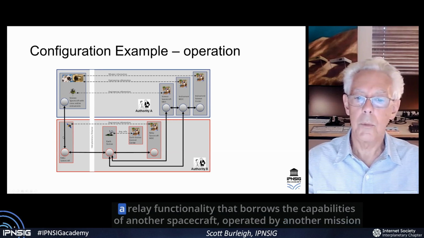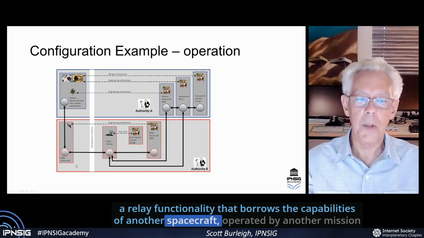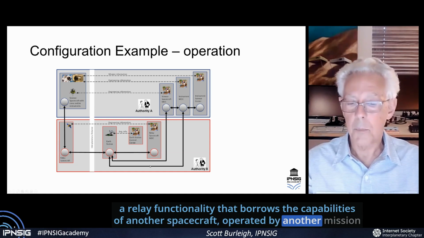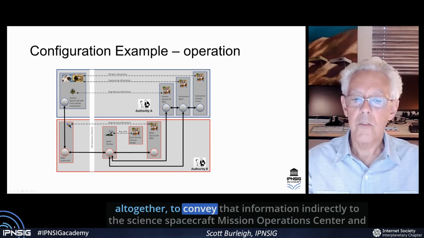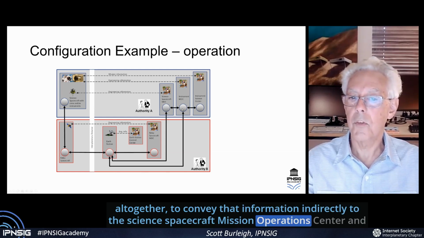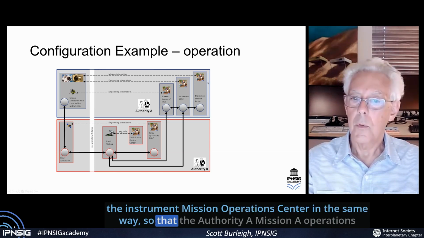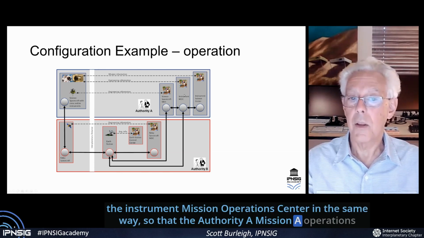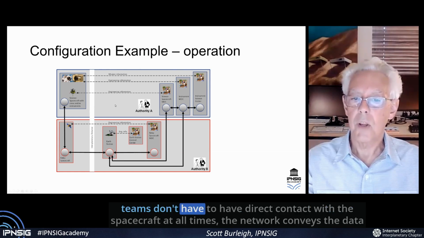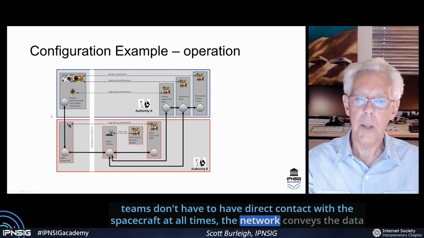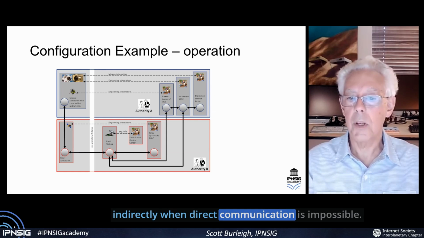And there's also a relay functionality that borrows the capabilities of another spacecraft operated by another mission altogether to convey that information indirectly to the Science Spacecraft Mission Operations Center and the Instrument Mission Operations Center in the same way. So that the Authority A, Mission A operations teams don't have to have direct contact with the spacecraft at all times. The network conveys the data indirectly when direct communication isn't possible.